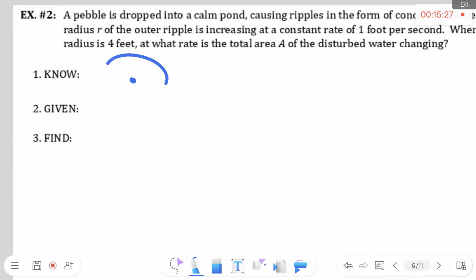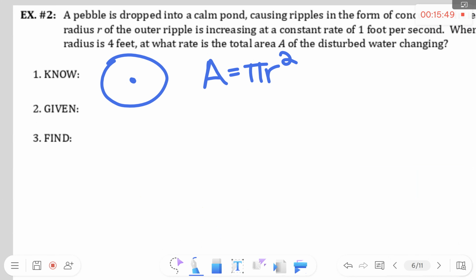We got a circle. So we're looking for area. What's the area of a circle function? That's not going to be given. Pi r squared. Cool.